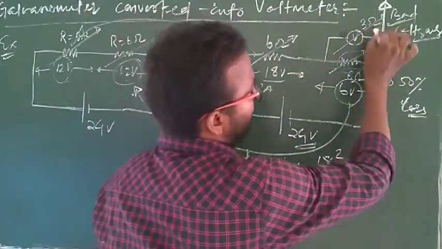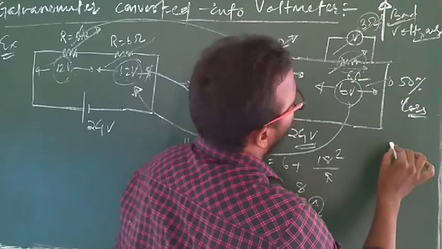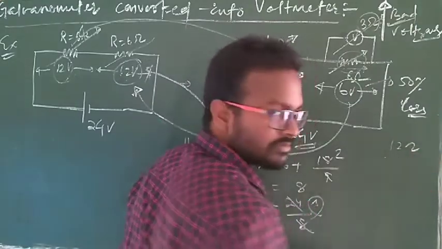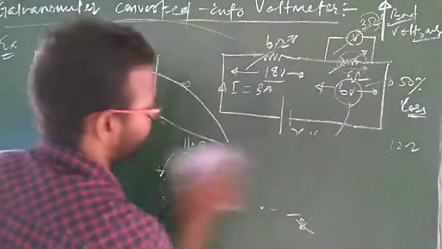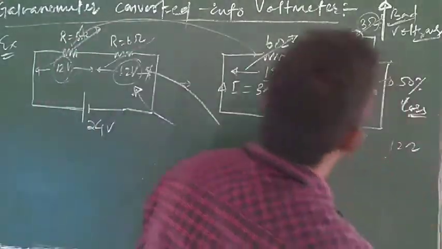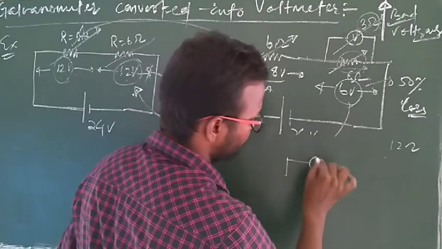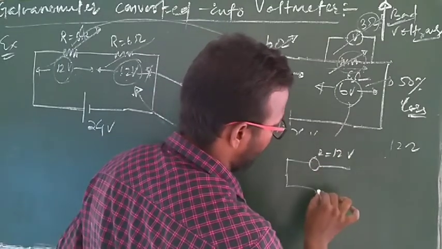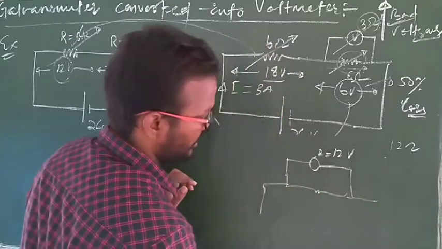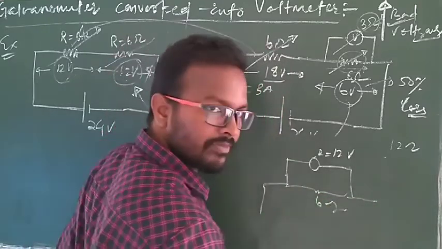Suppose we increase the voltmeter resistance to 12 ohm.